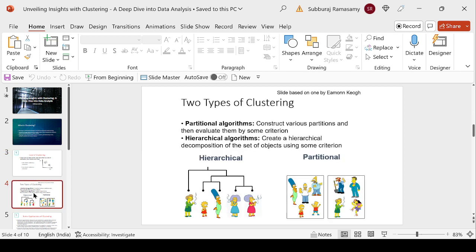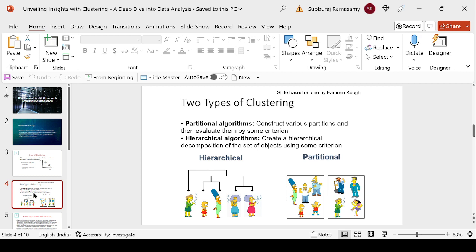There are two types of clustering. The figure indicates that. One is partition algorithms. Construct various partitions and then evaluate them by some criteria. Examples are k-means clustering and k-medoid clustering.